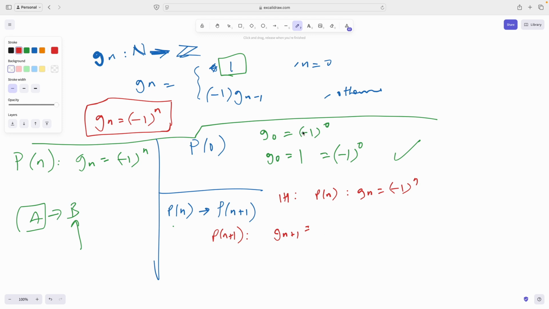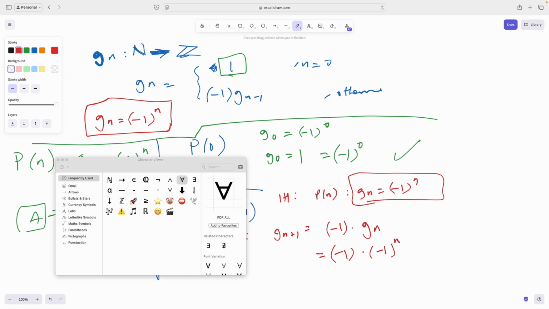The definition of g tells us that's -1 times g(n), equals -1 times, and the inductive hypothesis tells us g(n) is (-1)^n.